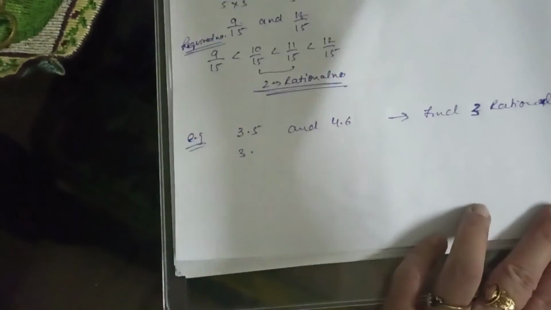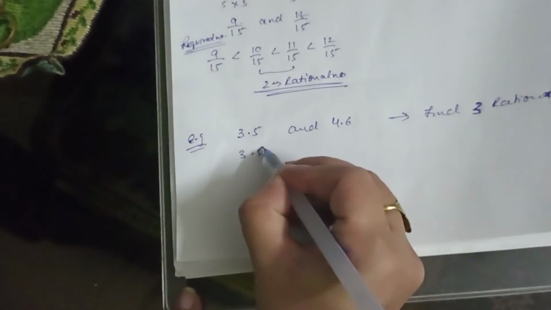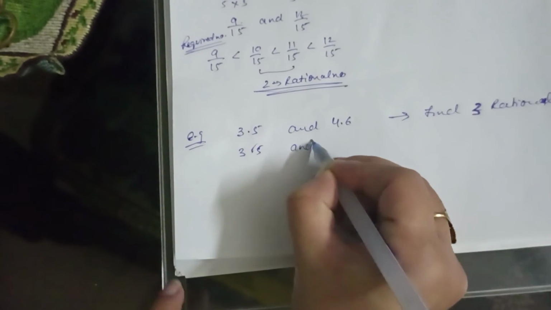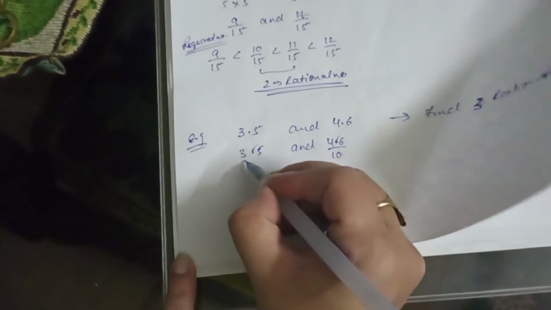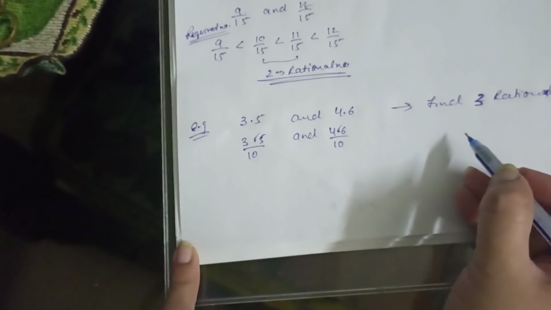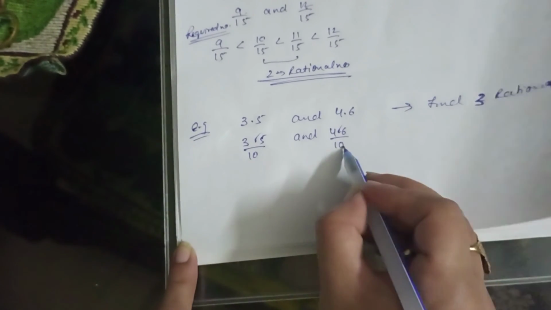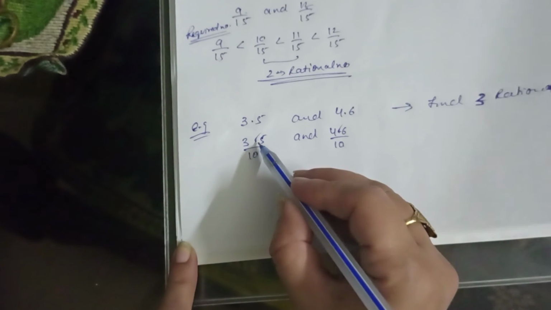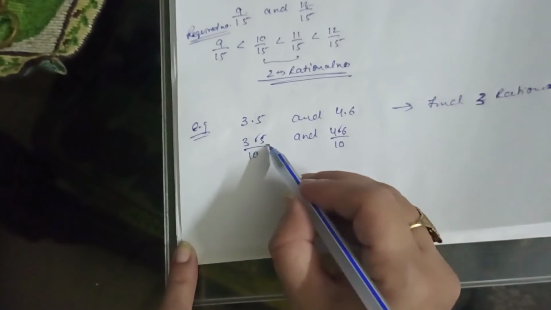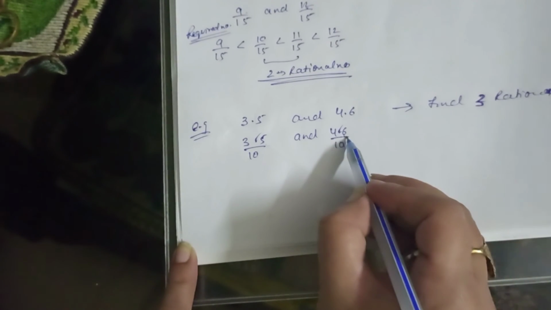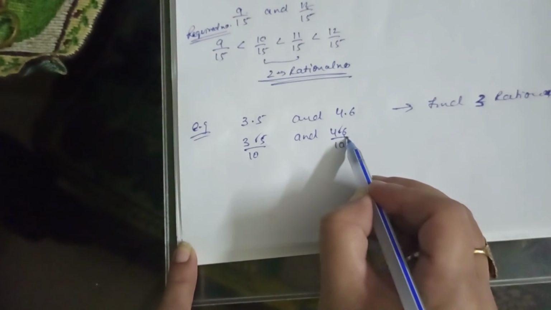In that case, what you have to do is first remove the decimal and place 10 in the denominator. Now the denominator is the same, and it is easier for you to identify that you can insert three rational numbers easily between them.